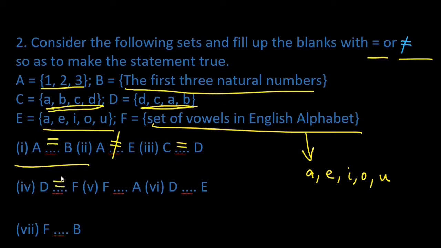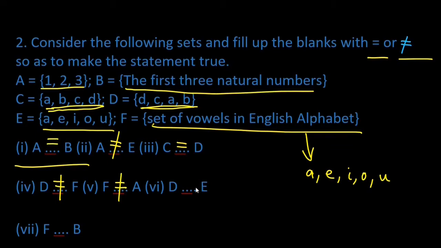Then F dash A. F is A, E, I, O, U. Then A is 1, 2, 3. So these two are not equal. F is not equal to A.